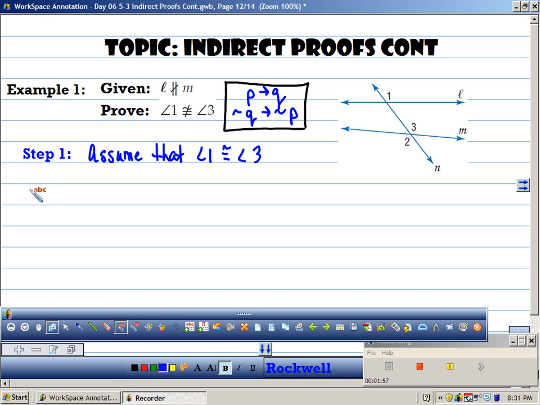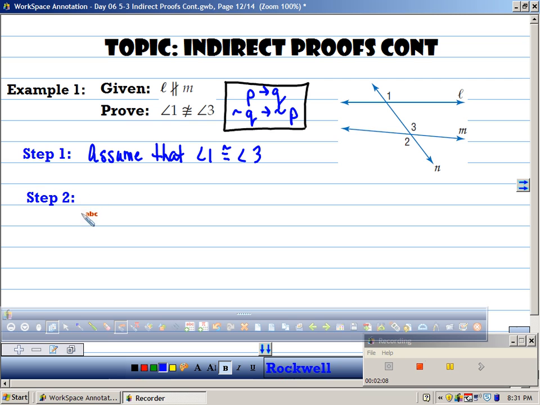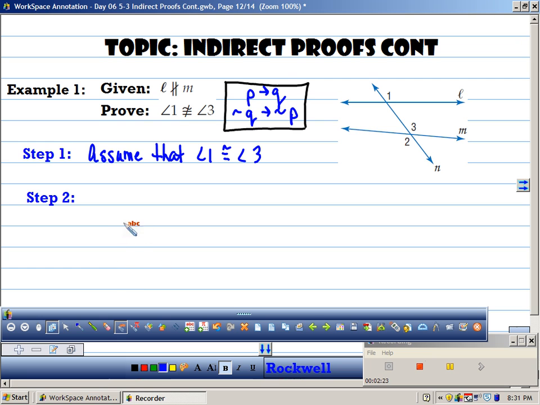So let's write our step number 2. Step number 2 is to show the assumption leads to a contradiction of the hypothesis. So we're going to take this assumption and we're going to lead, in paragraph form, to the conclusion being false. Okay, so let's see what that looks like.